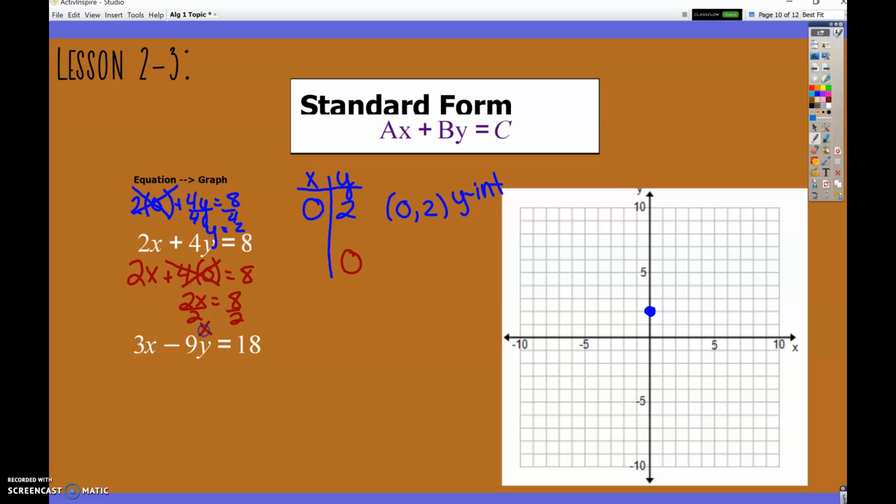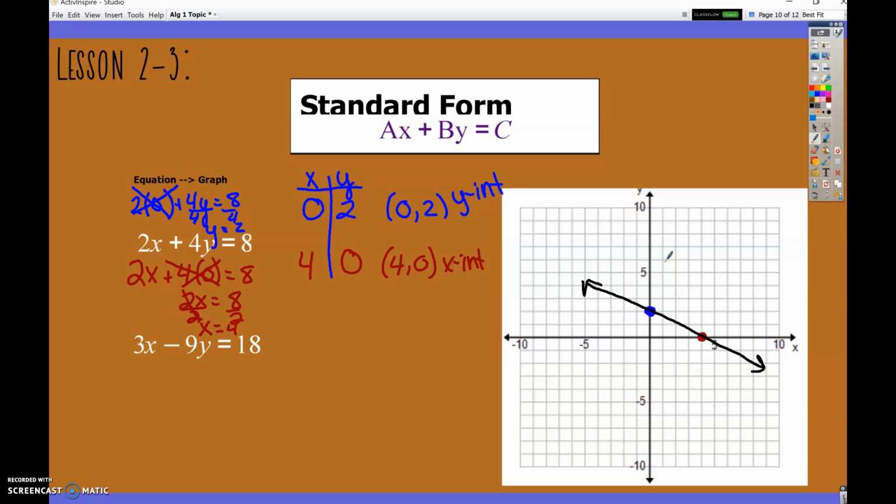If we're not sure, we can divide by that 2 since it cancels out multiplication, and x would be 4. That means our point is 4, 0. We call this the x-intercept. And it only takes 2 coordinates to create a line. So from here, I can connect those 2 points and I would be done.